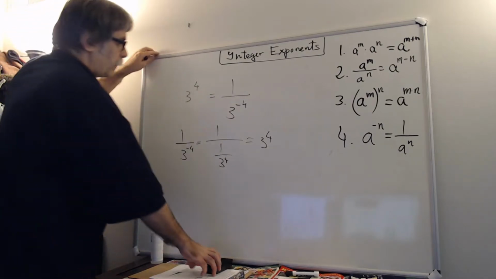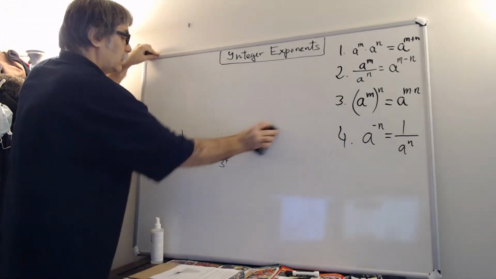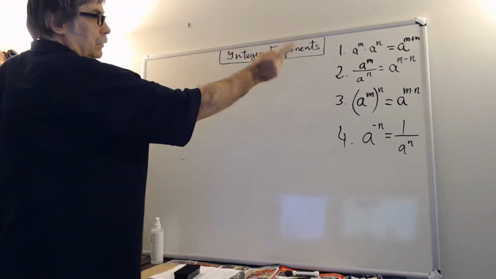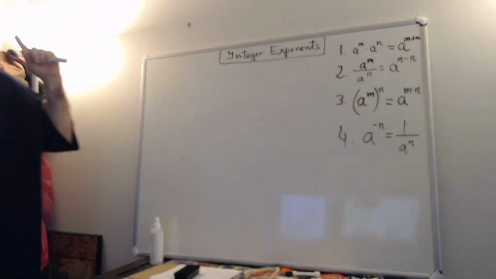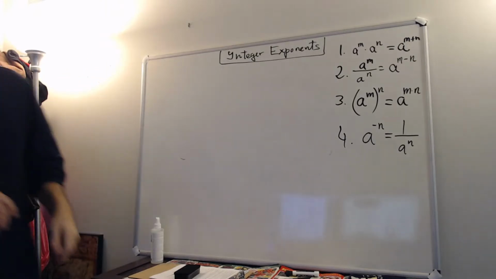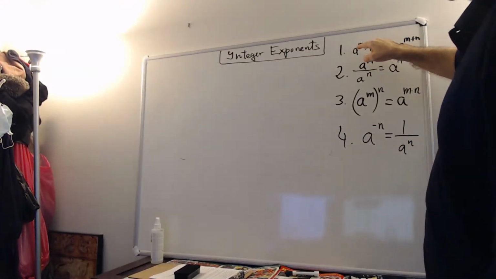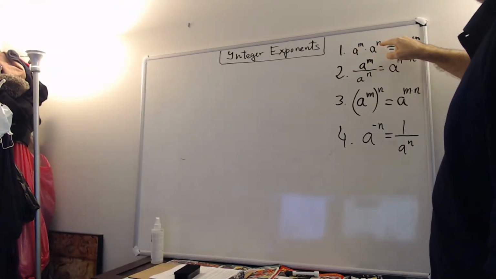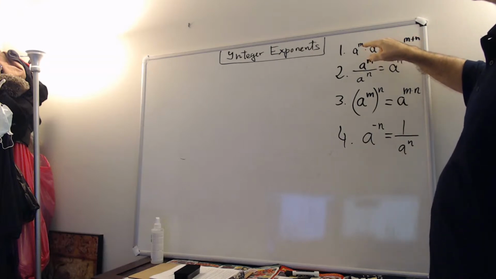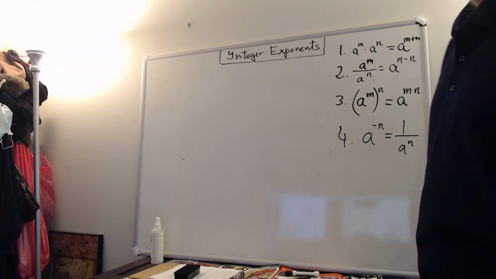Okay? Now I have to say that every one of those properties here, every one, 1, 2, 3, 4 of them, all of them apply when the exponent is an integer. So, I mean, this does not have to be a positive number. This does not have to be a positive number. This does not have to be a positive nor a negative number. It could be 0.